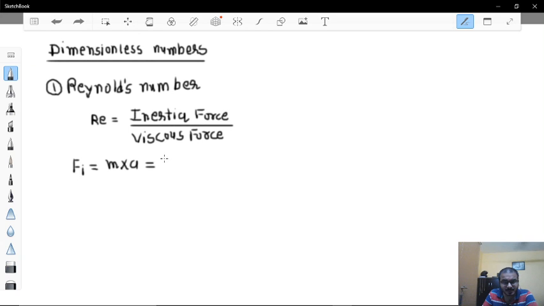Here we can put density into volume into velocity divided by time. So what we will do is we will combine these two.